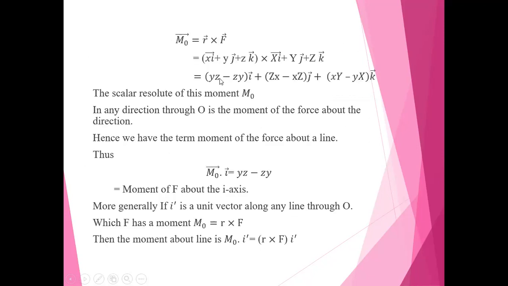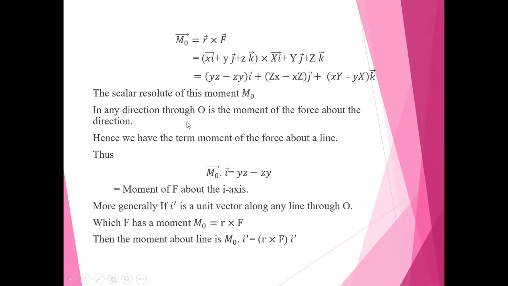Expanding the determinant, we get (yZ minus zY) i vector plus (zX minus xZ) j vector plus (xY minus yX) k vector. That is the result of this moment mu naught.